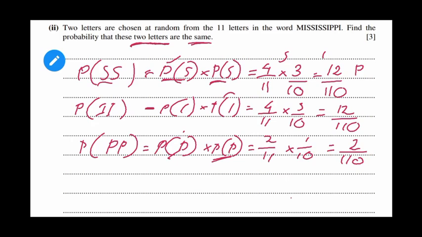So what will be our probability? So we'll write it as probability of event. Our event is both are same.